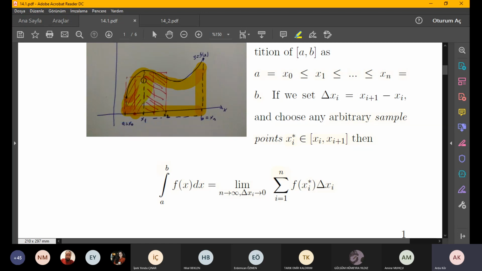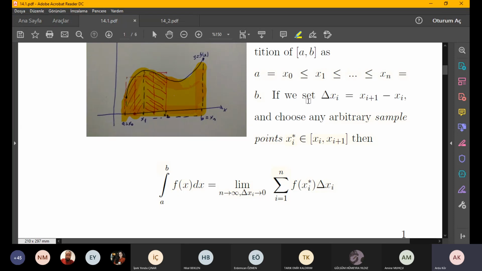So this area can be shown as the definite integral of f(x) from a to b.